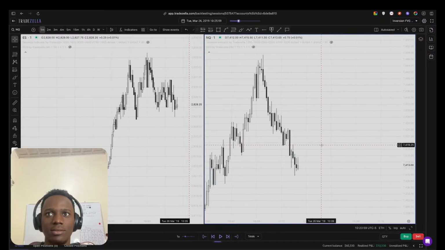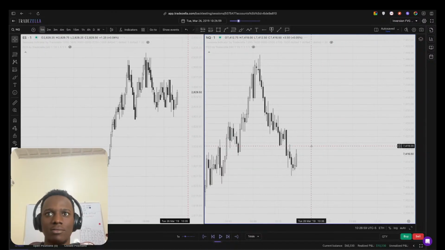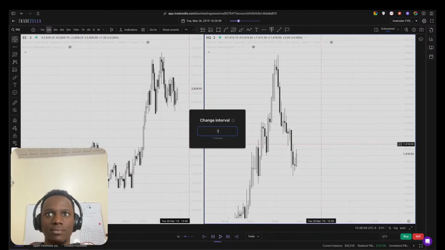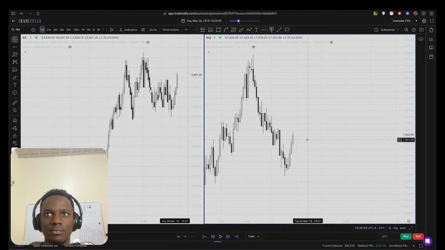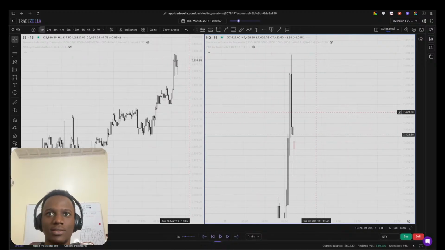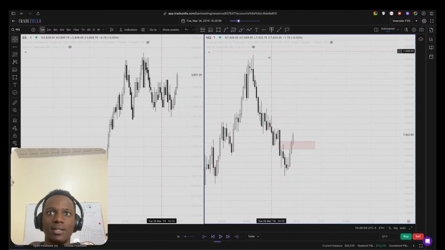I'd like to see it generally inverse inside of this leg here, inside of this gap here. Okay, the inversion gets in right here. 15 minute is rejecting, and we get a run on liquidity.